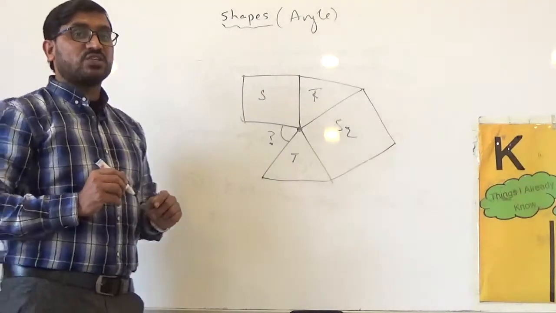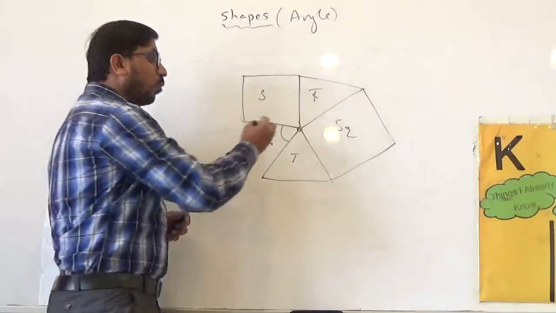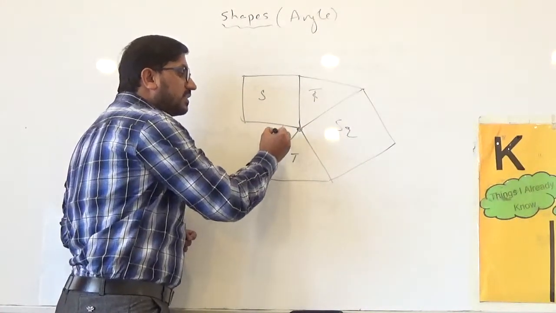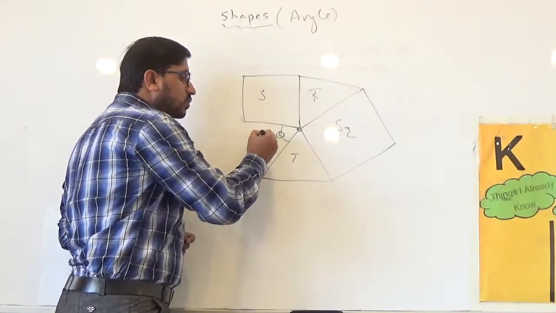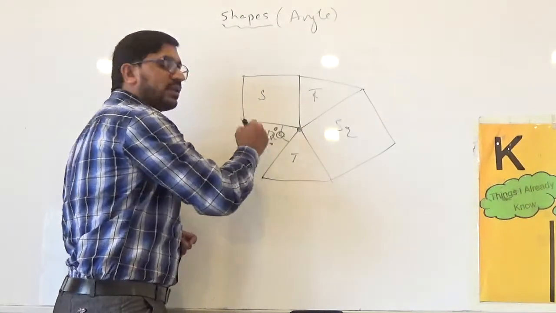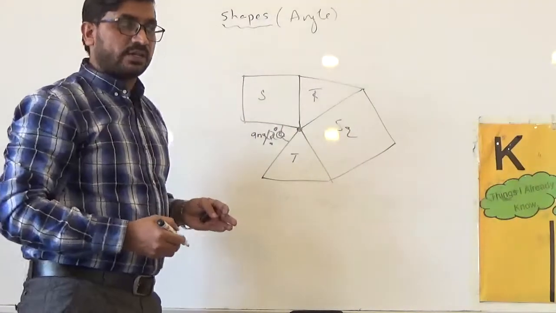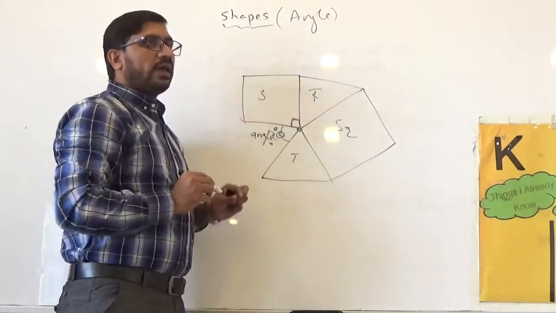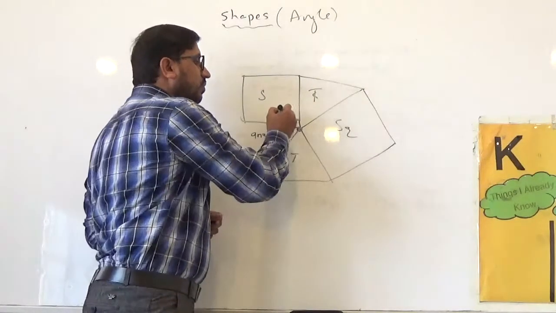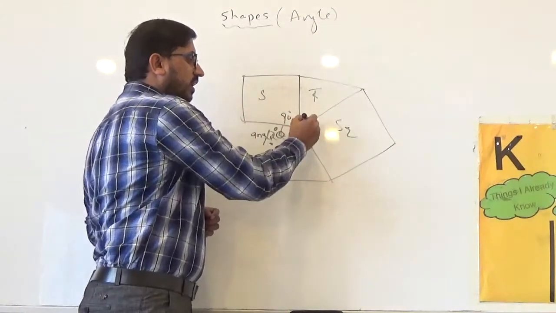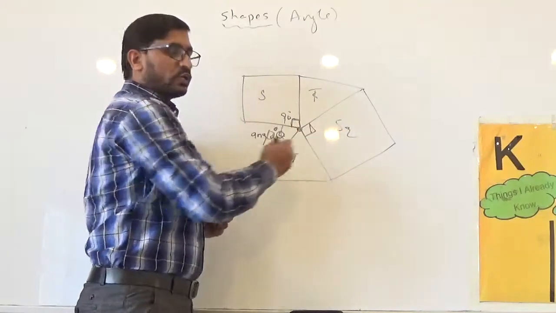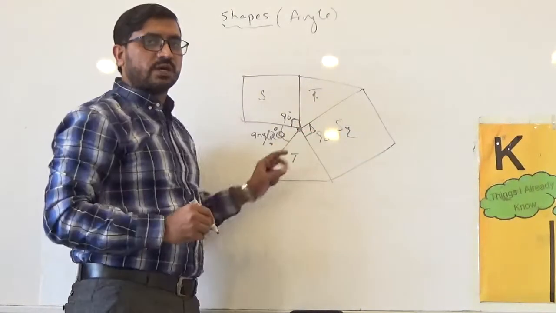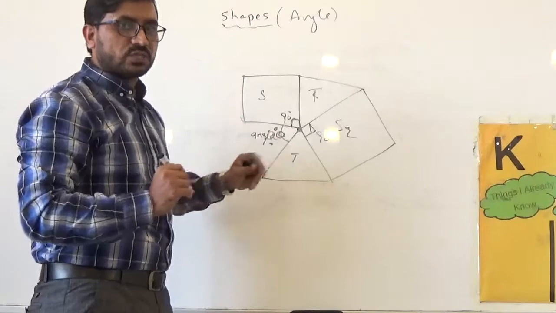The very first thing we need to calculate is the angle at this point. How can we calculate it? We know the angle of every corner of a square is 90 degrees. So here we have 90 degrees, and there we also have 90 degrees, because these two shapes are squares.